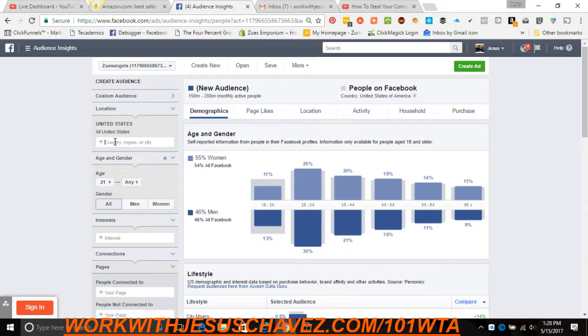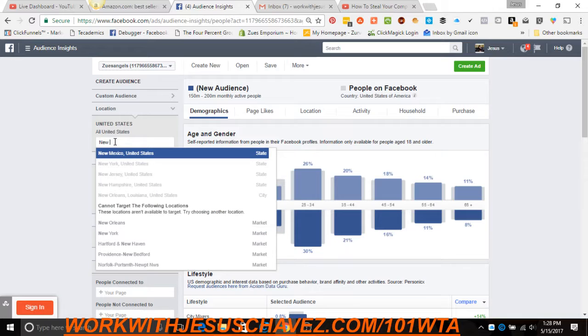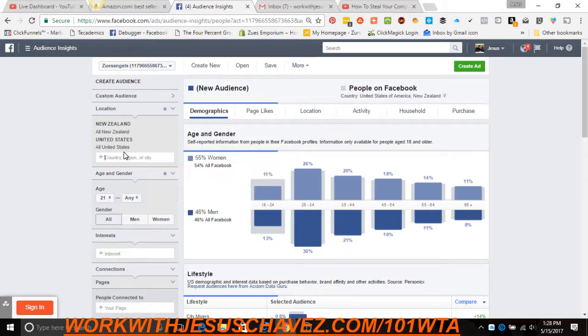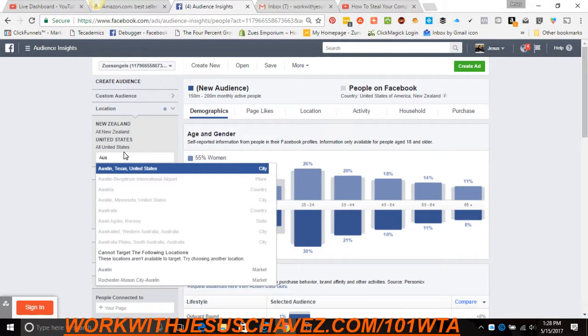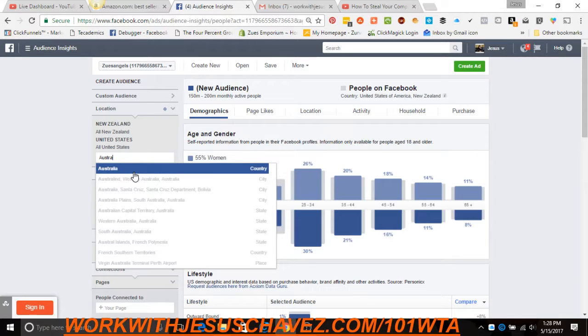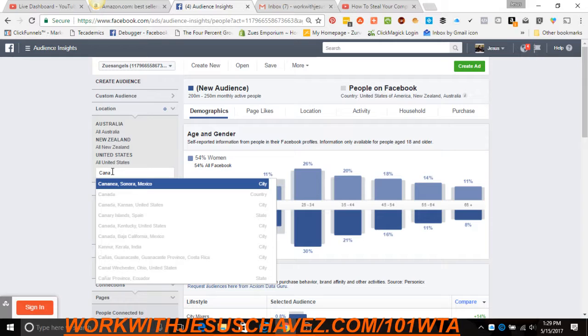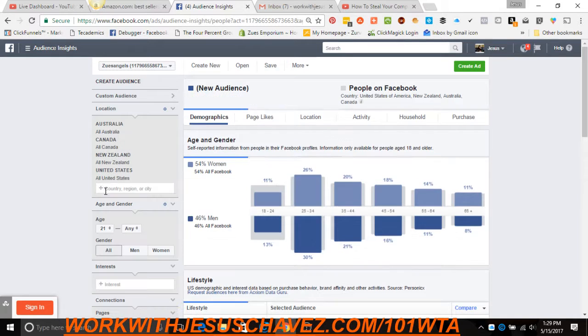You can also go to New Zealand, Australia, and you can actually use the big five, which is New Zealand, United States, Australia, Canada, and United Kingdom.